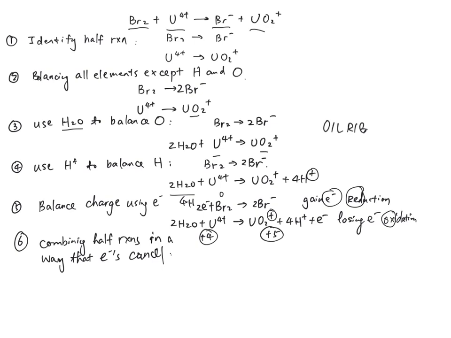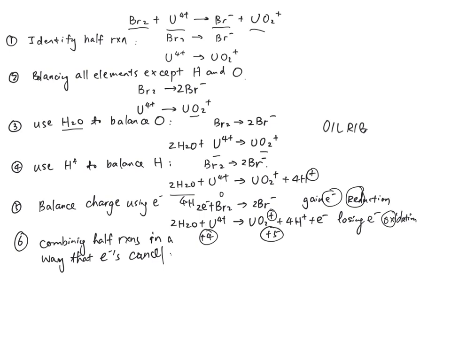Because however many electrons your oxidation half reaction loses have to be however many electrons that your reduction reaction gains. You don't create electrons out of nowhere, and you don't make electrons disappear in thin air. So these two have to equal.